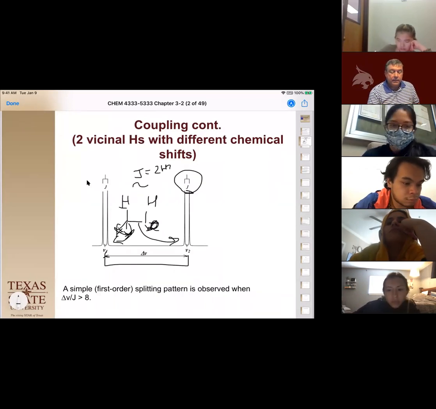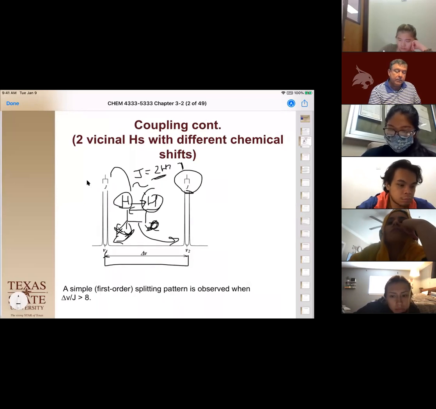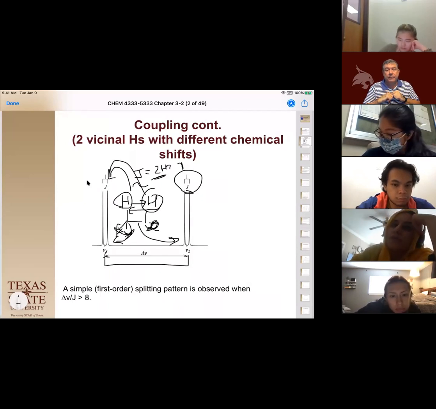This is splitting this one once with a coupling constant of this, and that gives us these 2 peaks. This is splitting this one once, by that same coupling constant, which gives us that peak. Oh, okay. We're going to do more of these, but thank you for the clarification.